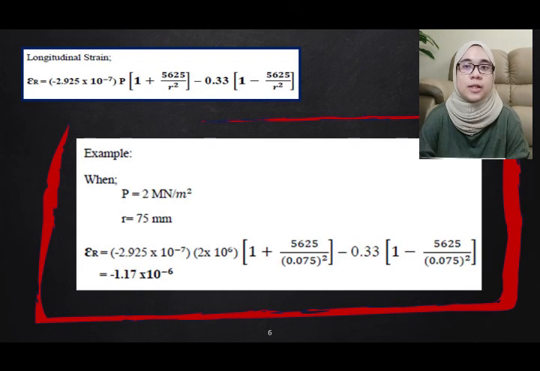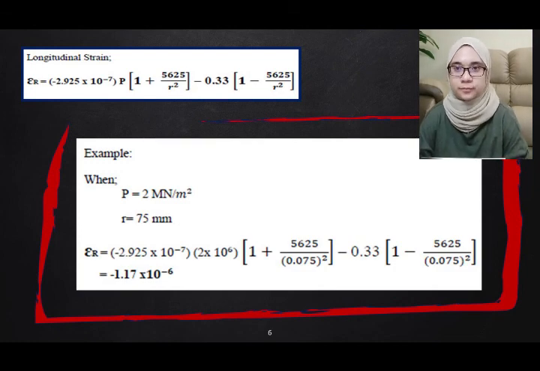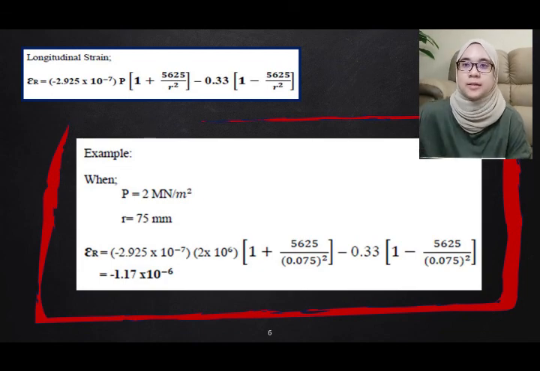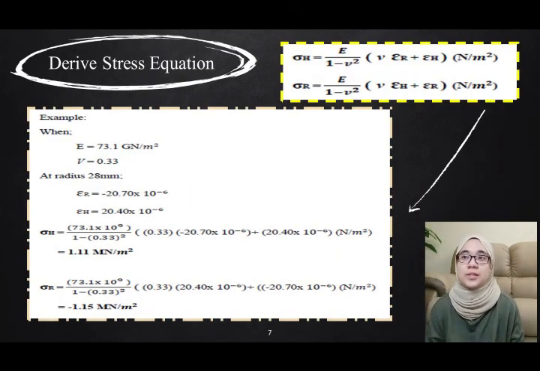For the example, P is equal to 2 mega Newton per meter squared and the radius is equal to 75 millimeter. After we key in all the values into the equation, the value that we got is negative 1.17 times 10 to the power. For the derived stress equation, we define two equations, which are hoop stress and also radial stress.